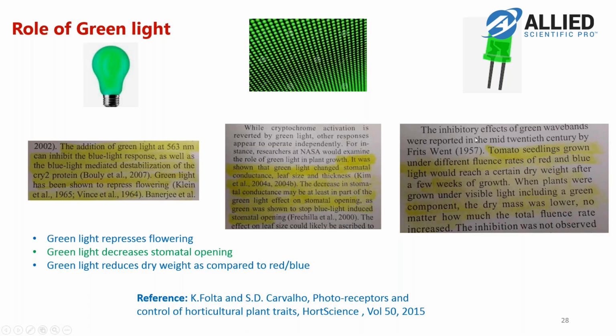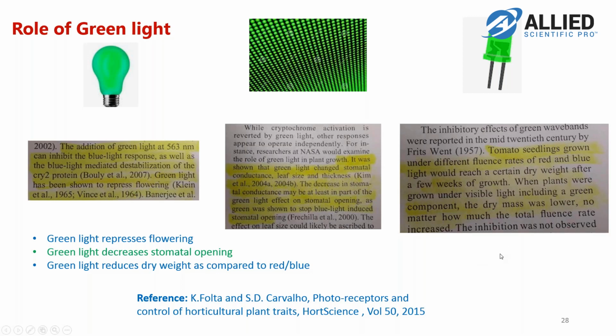And the third effect that is shown here is that the dry mass of the plants grown using the green light is less compared to the ones that did not have green light. This was supported by this paper by Folta and Carvalho. When plants were grown under visible light, including the green, the dry mass was lower, no matter how much the total fluence rate increased.